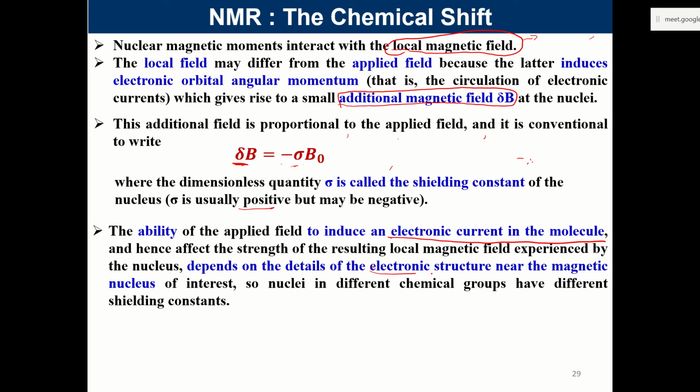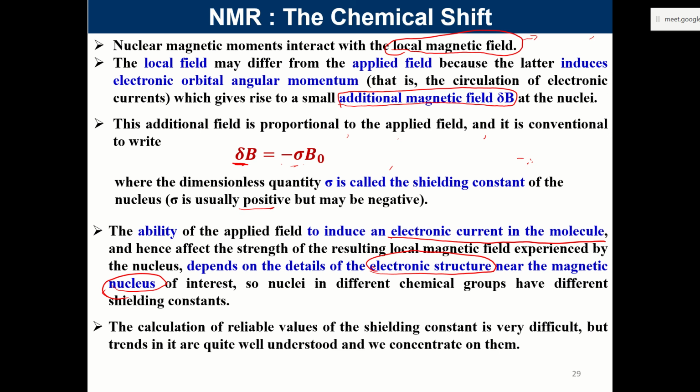It depends on the electronic structure near the nucleus. The same proton, the same hydrogen atom, can have a different magnetic environment depending on how the immediate neighbors are, how the electron density around it is distributed, and what the shielding effect is.